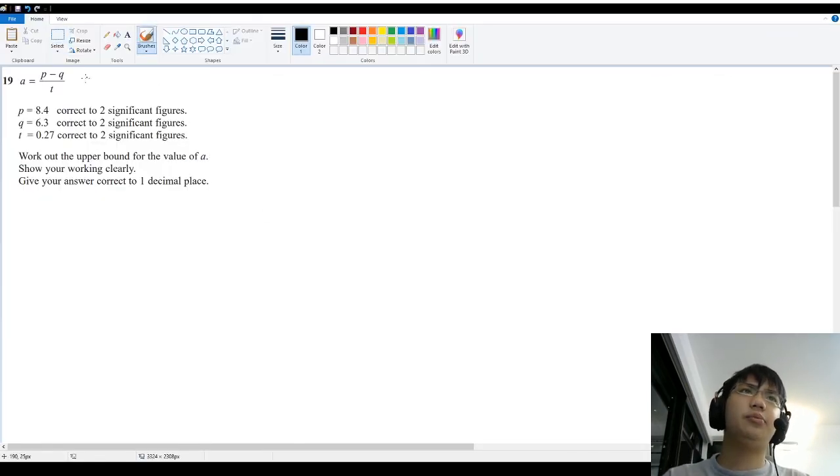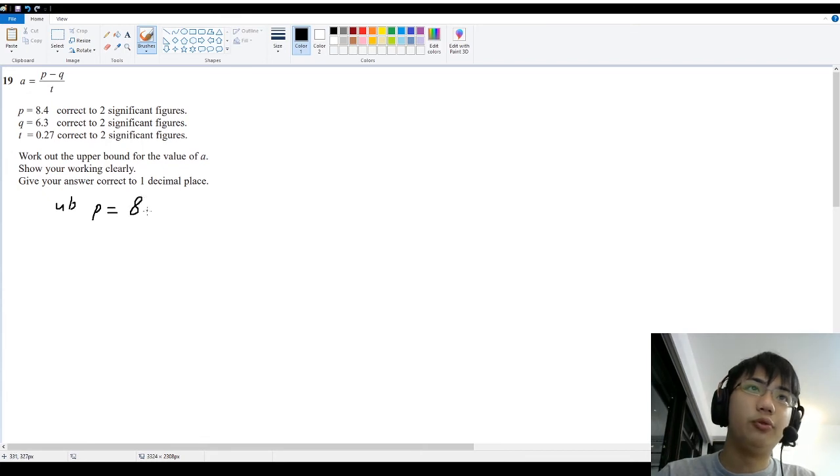So to get the upper bound of a, you have the upper bound of p, which equals 8.45, the lower bound of q, which is 6.25, and the lower bound of t, which is 0.265.